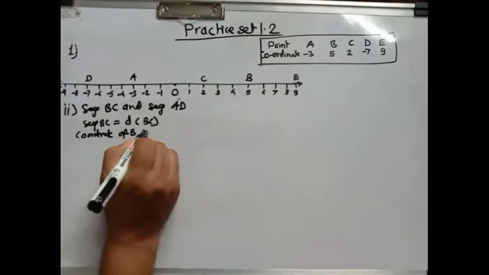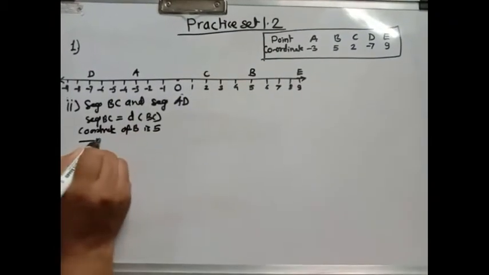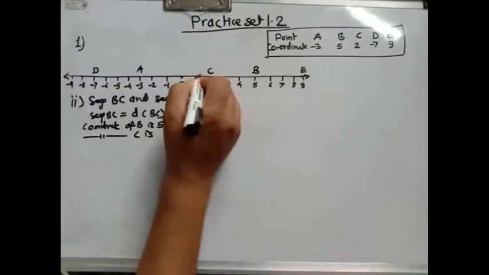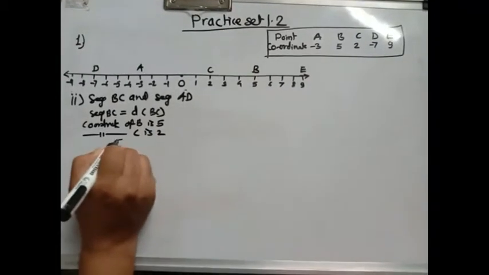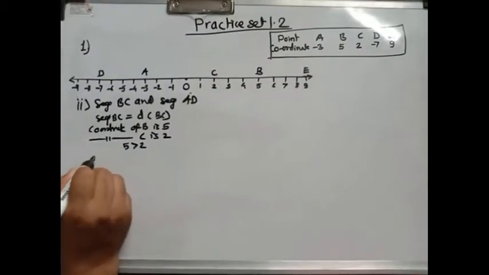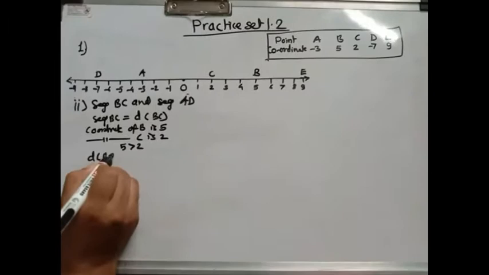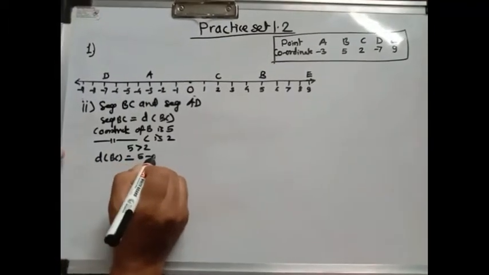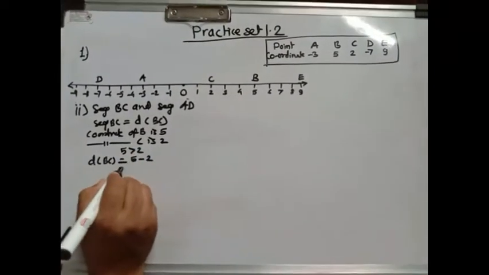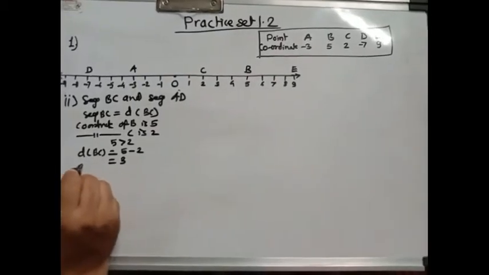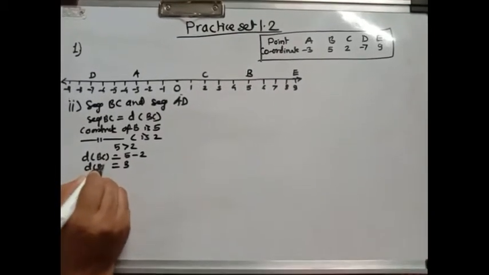The coordinate of B is 5 and the coordinate of C is 2. Now we know very well 5 is greater than 2. So the distance of BC is 5 minus 2, which is 3.